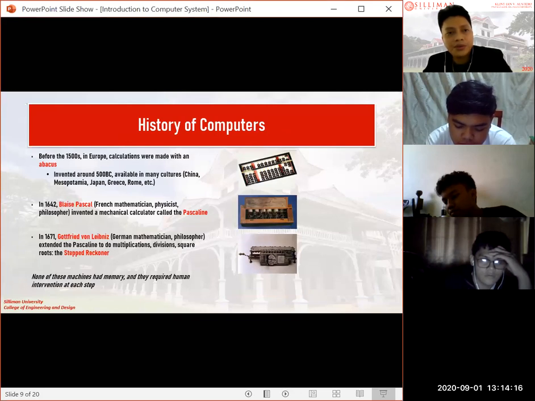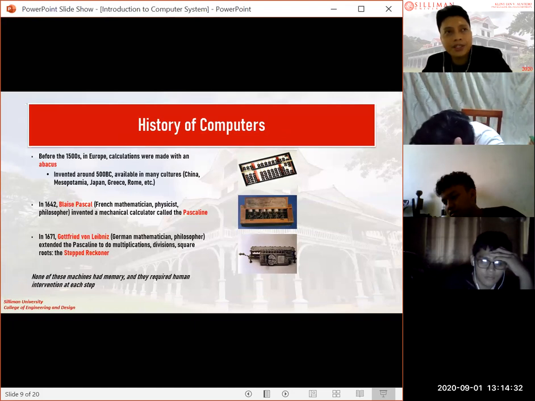So to look into the past of computers, we all know that computers were not always considered machines. They were just people. But before that, there were what we call calculators, or tools to aid them in calculations.